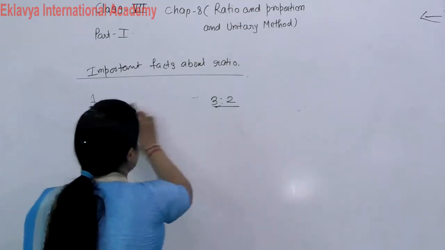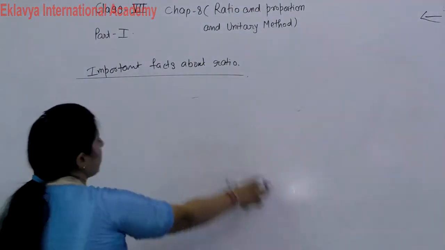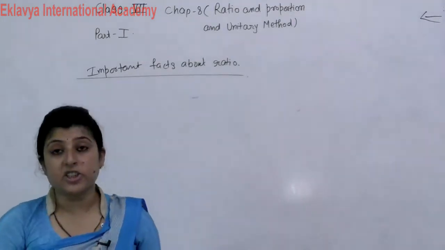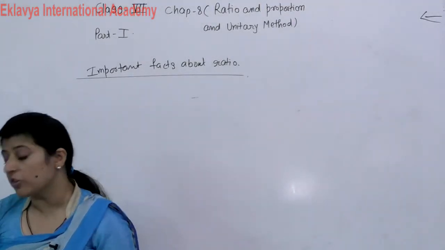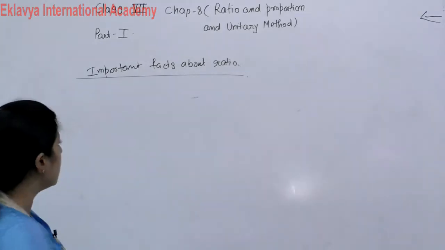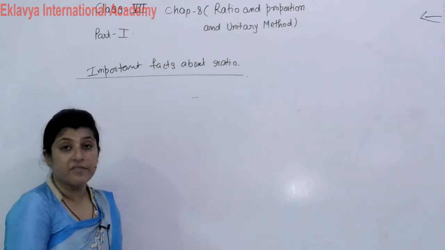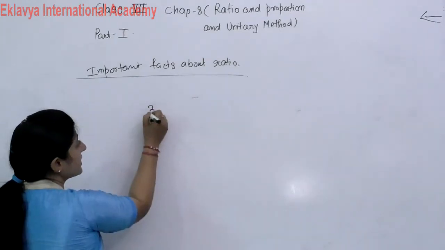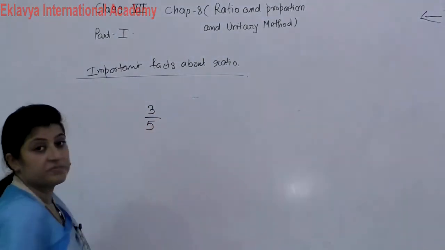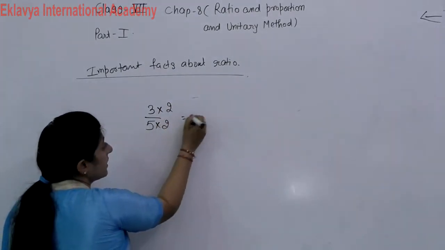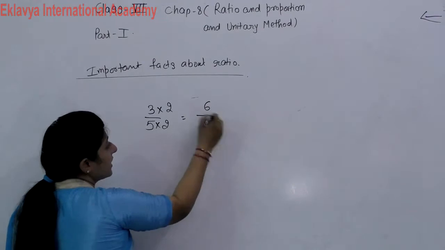Second fact, see now, this is our first fact. The second fact is that a ratio is a fraction. The ratio will remain unchanged if we multiply or divide by the same factor. Suppose there is a ratio 3 by 5. If I multiply by 2, 3 becomes 6, 5 becomes 10.